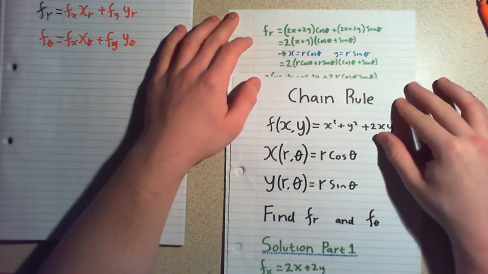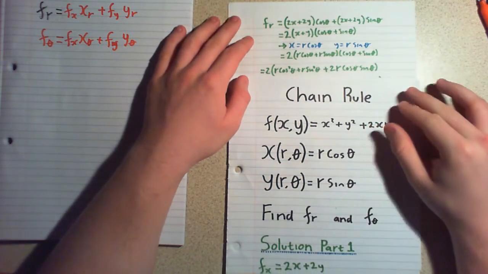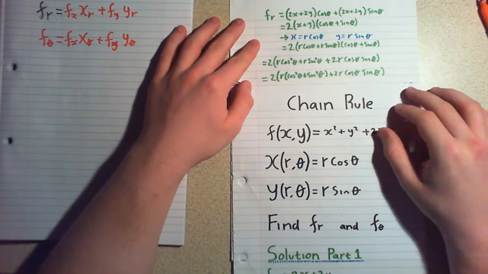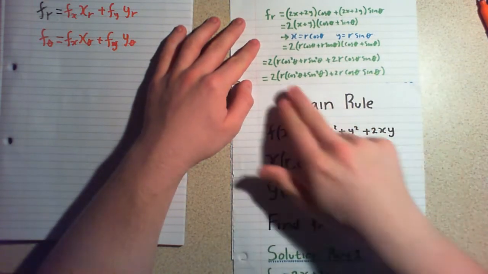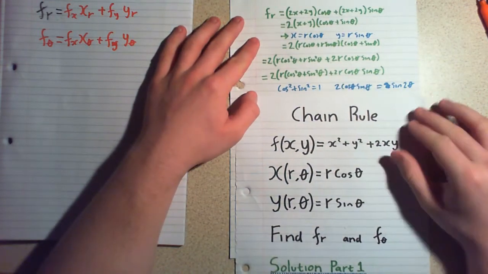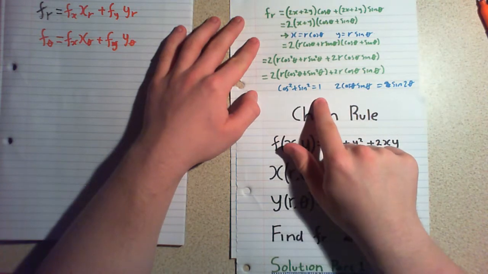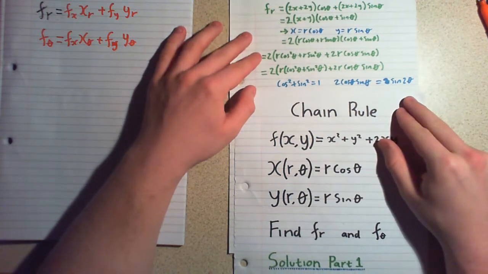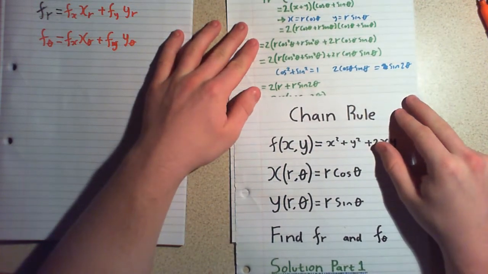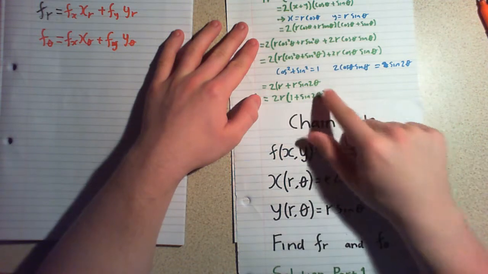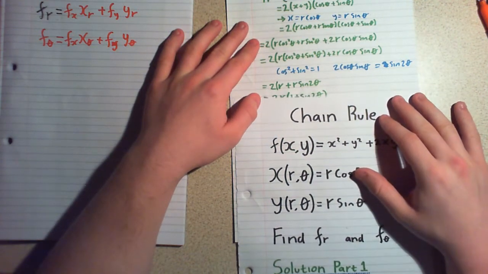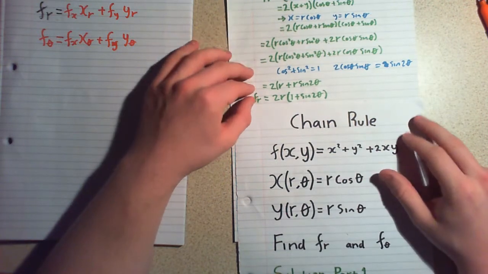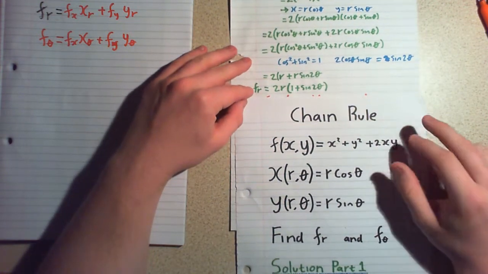Subbed in my values, multiplied out my brackets, and then factorised for r, took that outside the brackets, used cos squared theta plus sin squared theta equals 1, and 2 cos theta sin theta equals sin 2 theta. Put that in, forgot the second bracket there, and then I've just simplified that down a bit to take the r out of both terms, and then that's our f with respect to r.